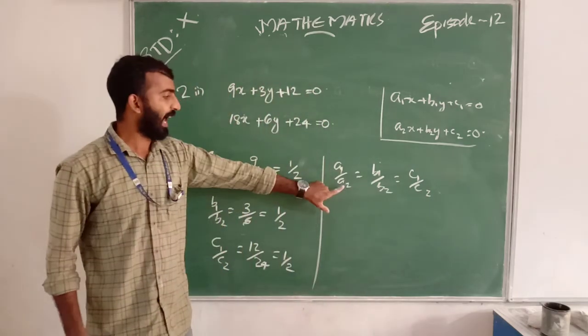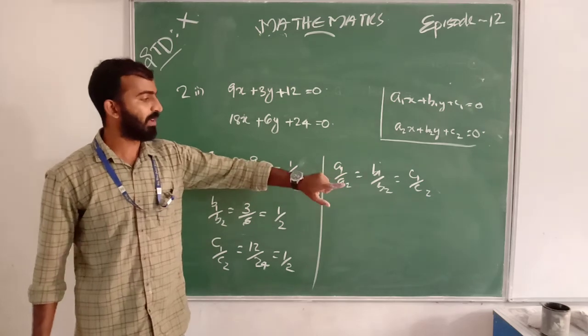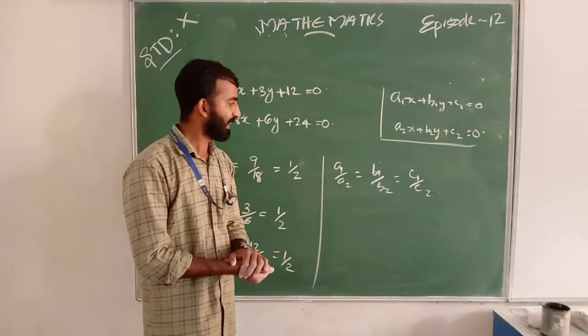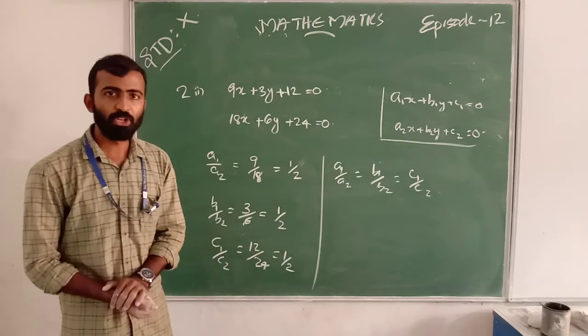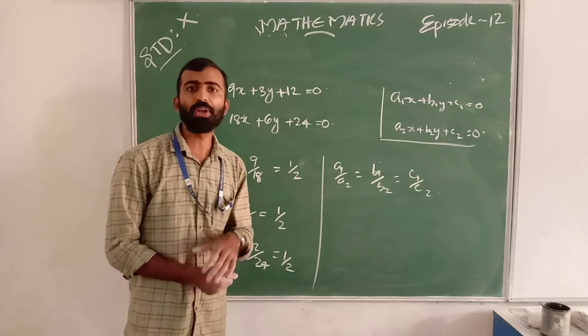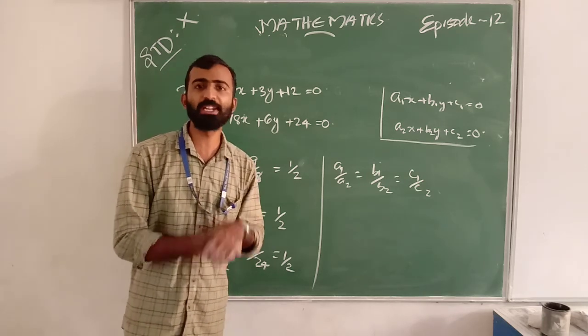These are equal. From here we can say the graph is coincident and it has many solutions.